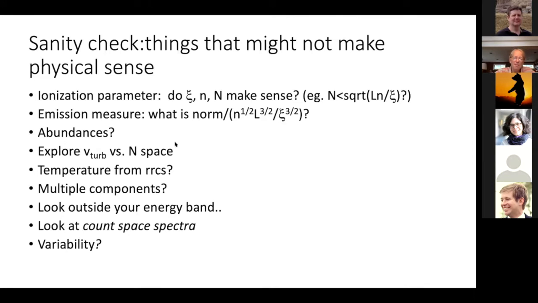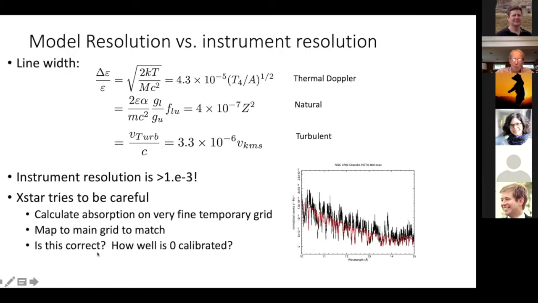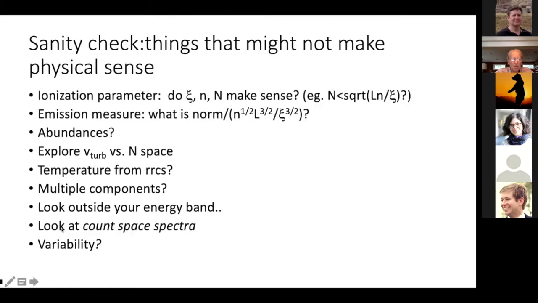And then there are all kinds of more subtle questions, such as, are you resolving the lines? If you get a temperature from the RRCs, the radiative recombination continua, does that make sense with respect to the photoionization model that you're using? That may not be a fatal question, but certainly is interesting.